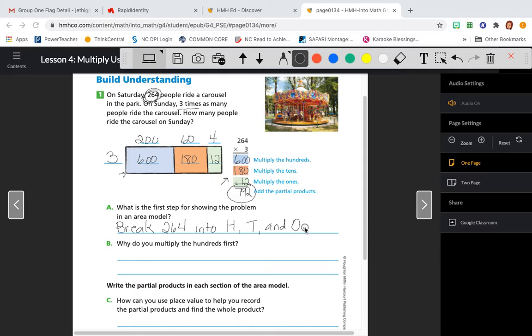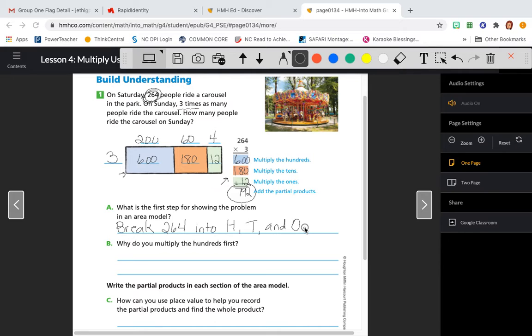All right, now question. It says, why do we multiply the hundreds first? So if you go back and revisit even second grade, we talked about you always start on the right side of the equation when you're adding the numbers, and you always add ones first. Well, here we're looking at, why did we start with the hundreds first? The reason is because of the way our model is arranged, or the way that it's set up.